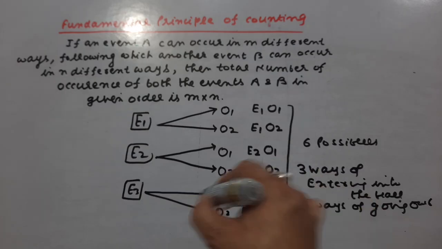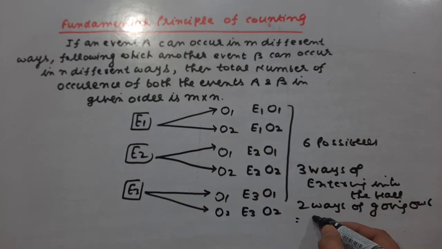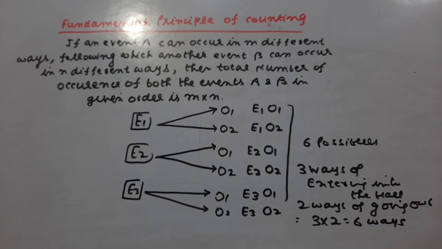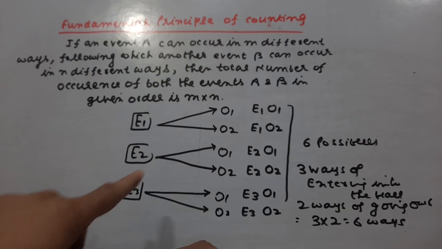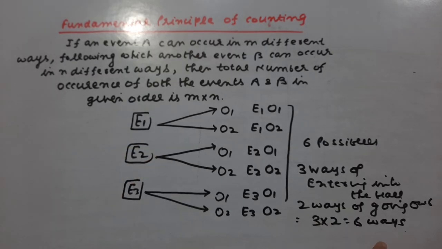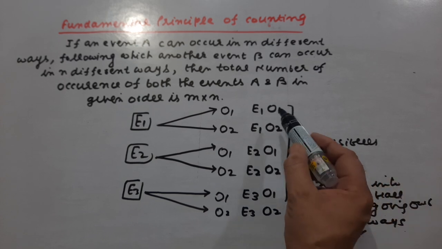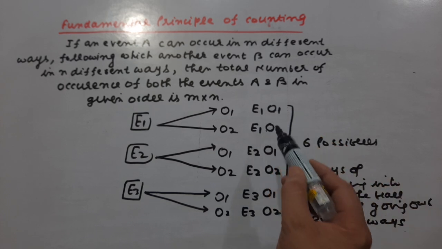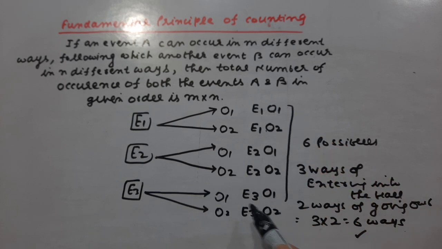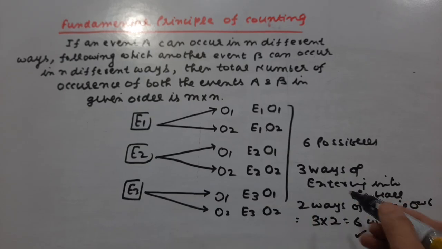So by the fundamental principle of counting, we have 3 into 2, which means 6 ways. So if we have 3 ways of entering into the hall and 2 ways of going out, then we have 6 ways: first, second, third, fourth, fifth and sixth. So we can multiply the ways. Right, students?